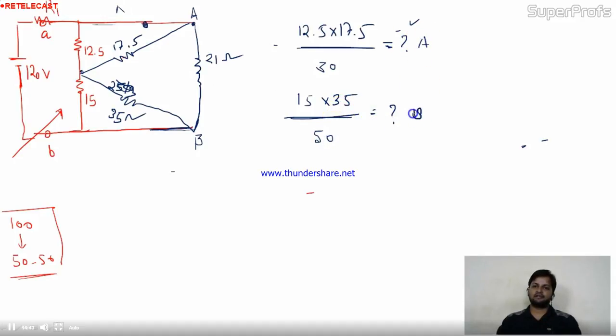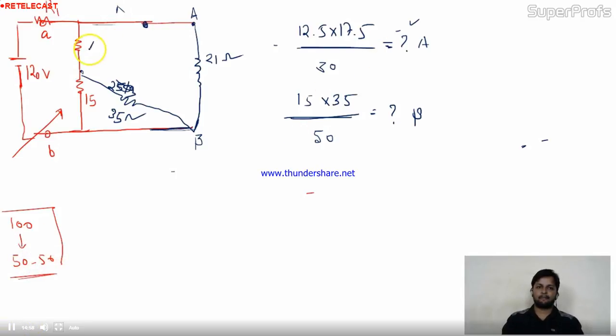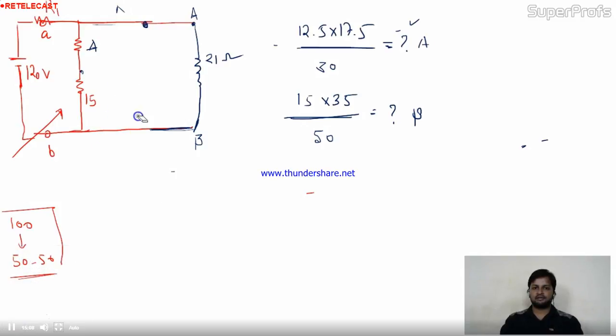This is A, this is B. So I can replace these two with a single branch, and the value of this branch is A. This other combination also resolves into one branch, and the result of that branch is B. Is it okay?